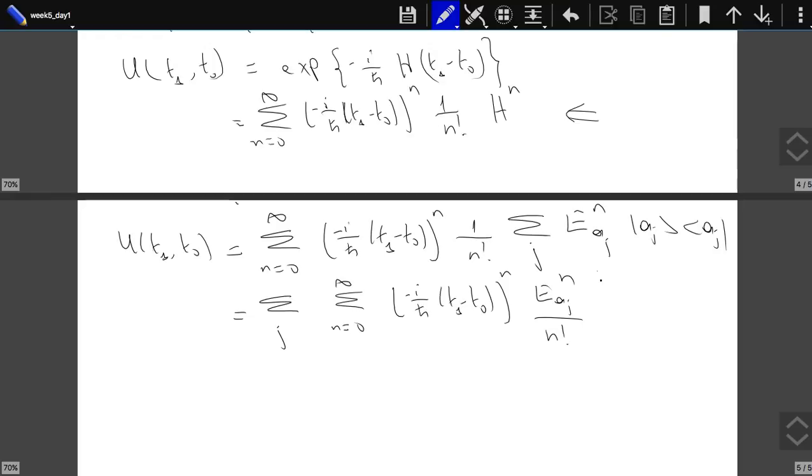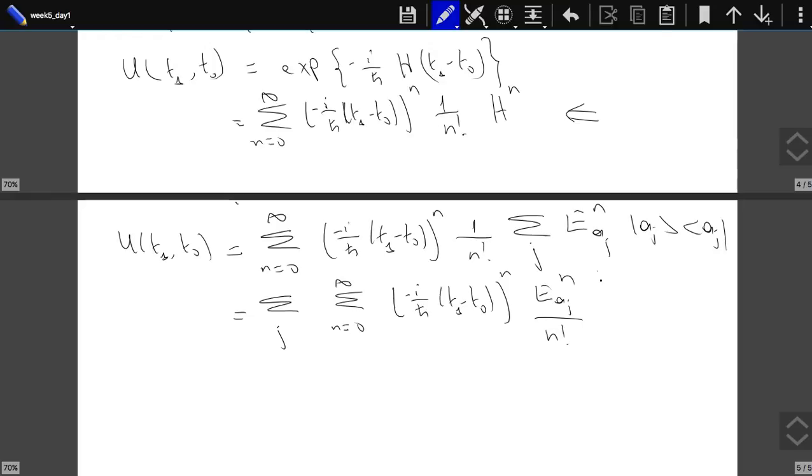The bra is just the dagger of that, and that would be sum over i e to the power i over h bar t E_ai, a_i. And of course I also have c_i star over here, c_j over there, the expansion coefficients.